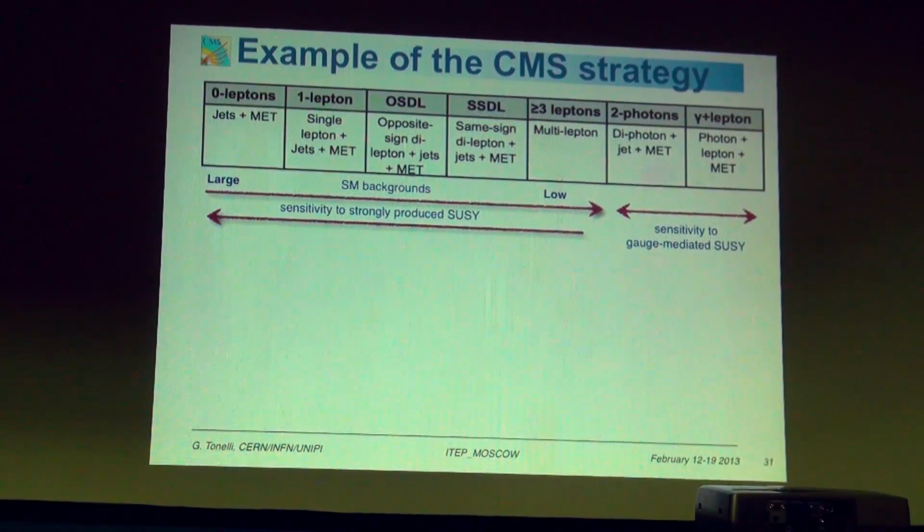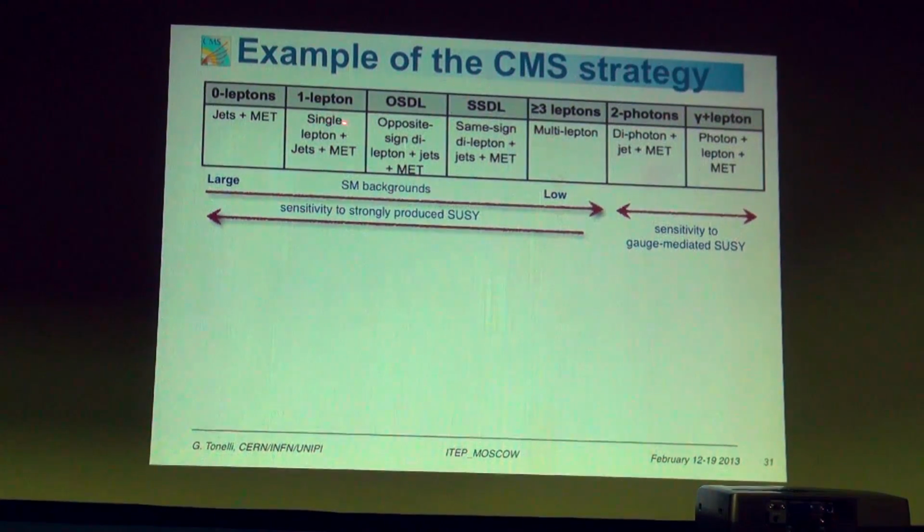So this is a summary of the searches and the strategy that, for example, CMS has followed. If you use only hadronic decays, so you look only for jets and missing ET and ignore leptons, then you have large backgrounds due to the standard model and QCD, but you are very sensitive to strongly produced SUSY, because clearly this is a way to probe it.